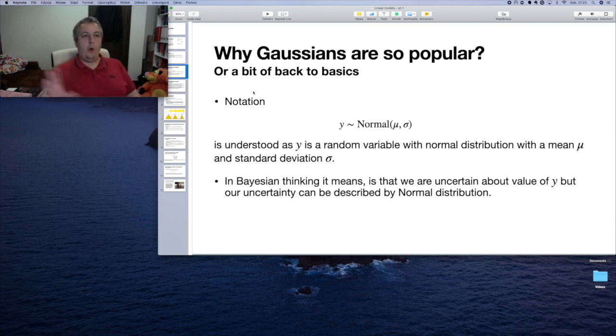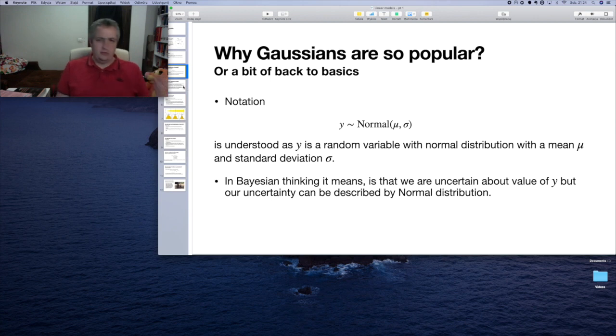So we know where the mean of that distribution is, and what the spread of the distribution, or the standard deviation in this case, is. This is what we know. We don't know the exact value, but we have a certain idea of where this value is located, and we can express by probability where this value is located, better or worse. So this is why we are using Gaussians.